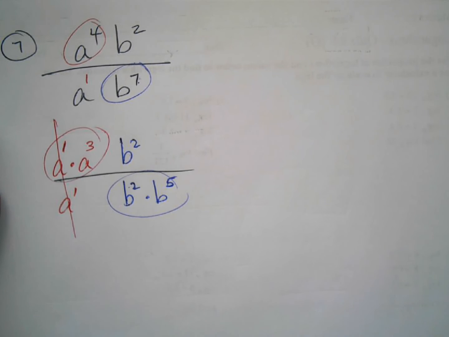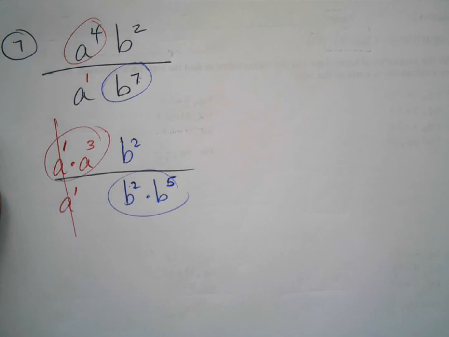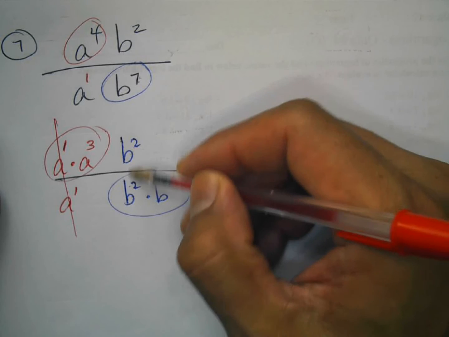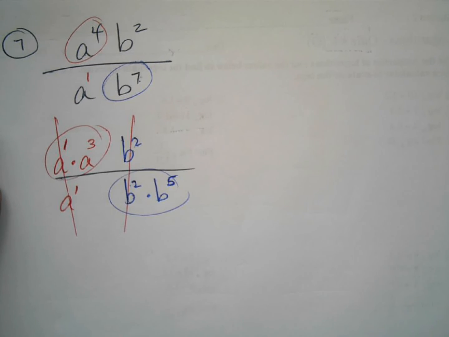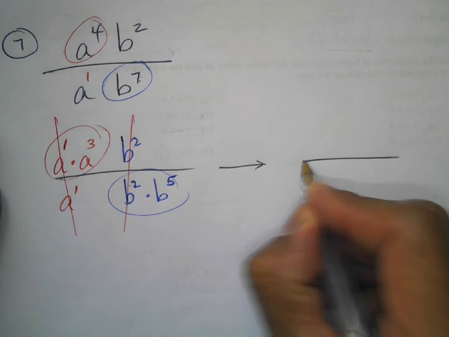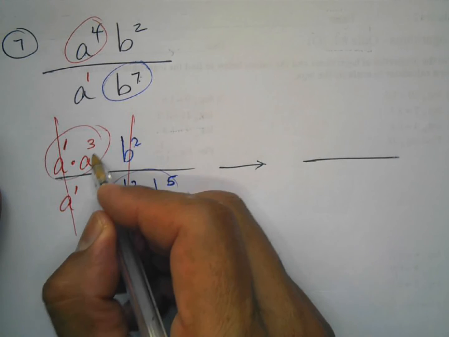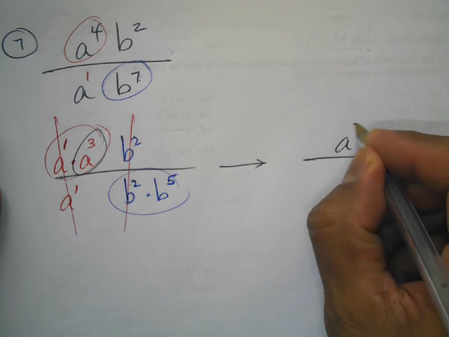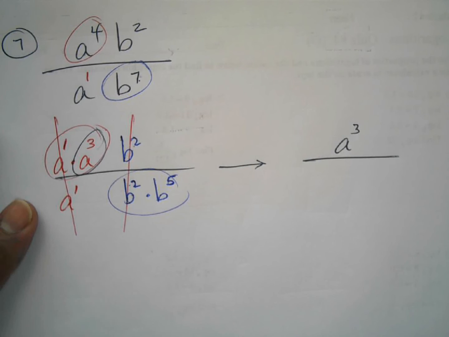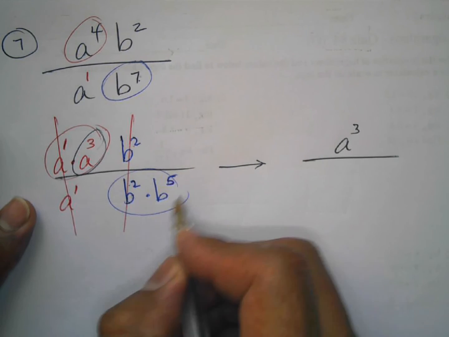A 2 and a 5. 2 plus 5 is 7. And we did that on purpose, so these can now cancel. So now you tell me what's left over. What's left over here? Only this one. A3 and B5.